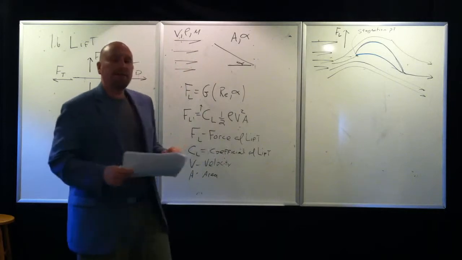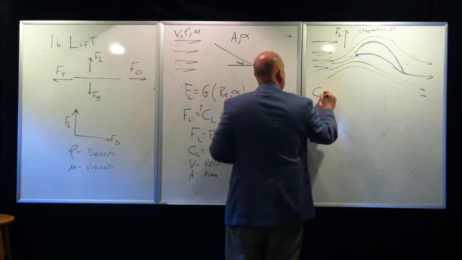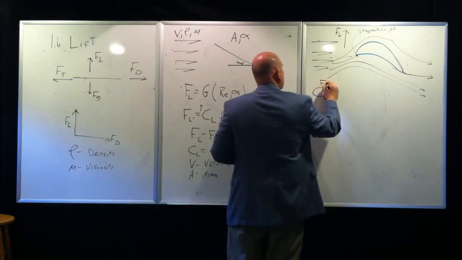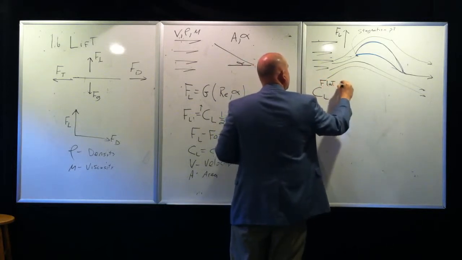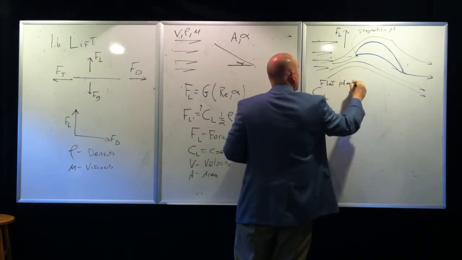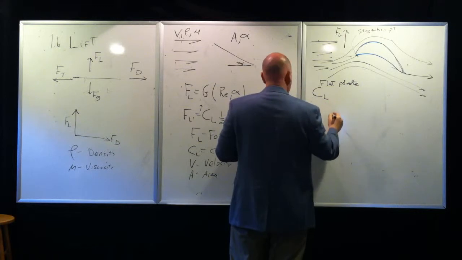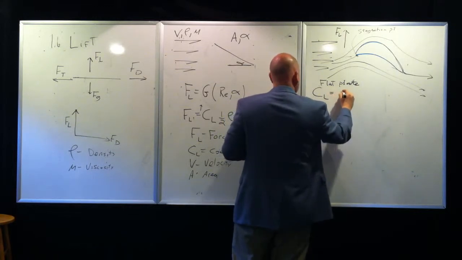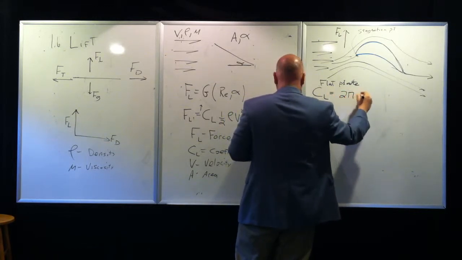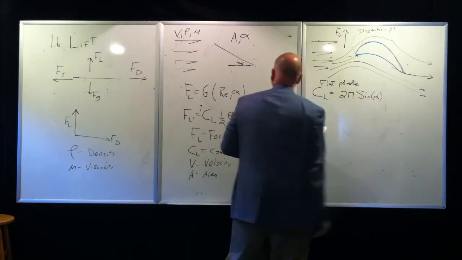But for a flat plate, there's a way to approximate. The coefficient of lift for a flat plate is going to be given by 2 pi sine of alpha.